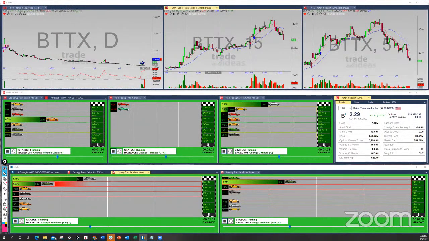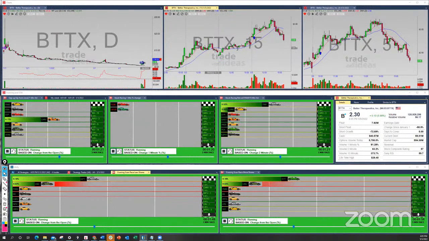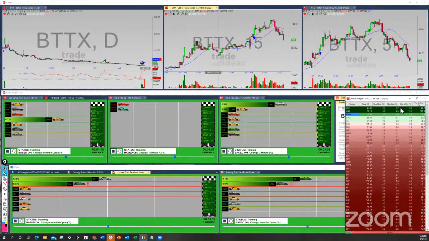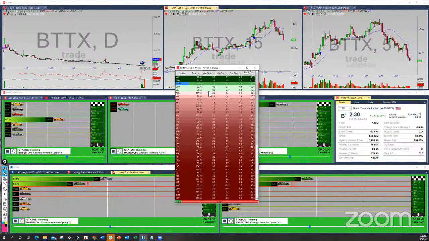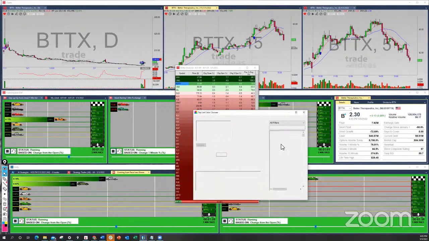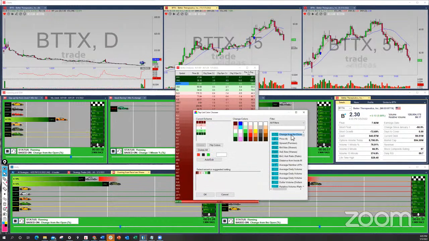All right, Chris, how do the colors and numbers relate on the change scans? Which scan are you talking about, or just any scan in general? Like, for example, if I were to pull up this top list here, the colors are based on change from close percent. So if I go to properties, select color, you can see I've got a change from close.